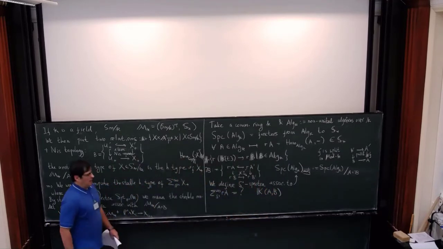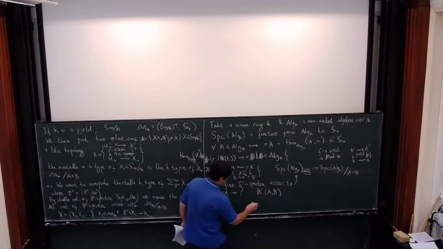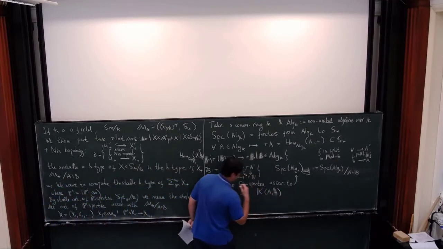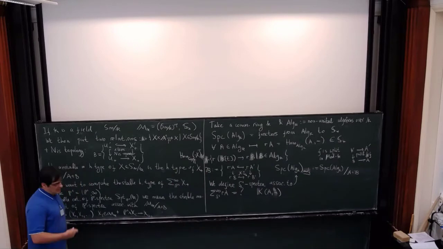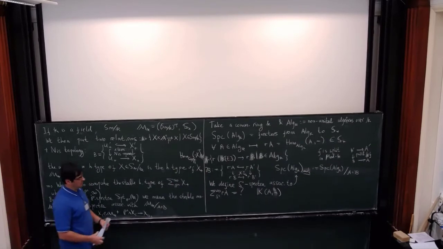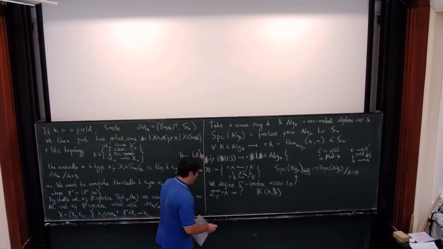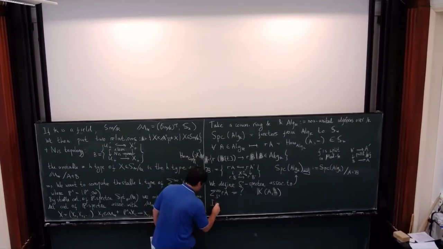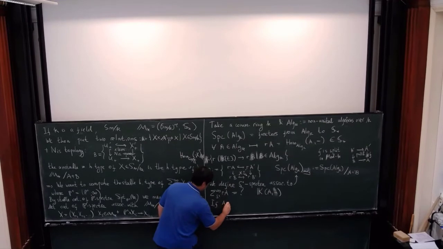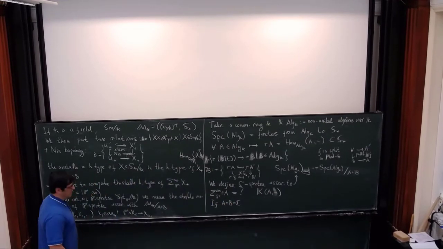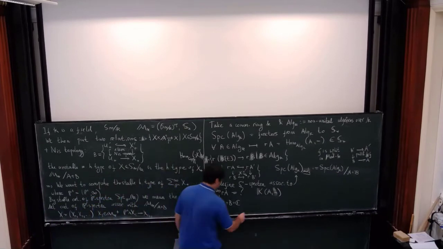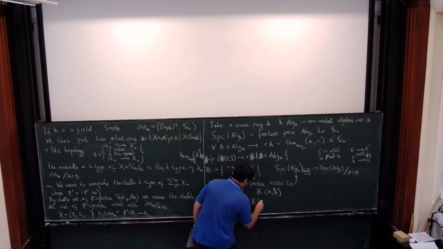KAB. In fact, I'm writing here as a function. And this is an explicit omega spectrum, such that, for example, if A and B are equal to the field of complex numbers, I'm just wondering whether it is a model.